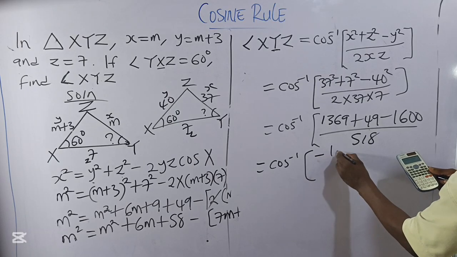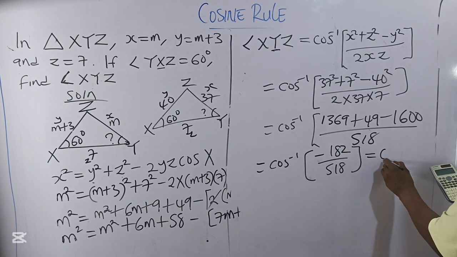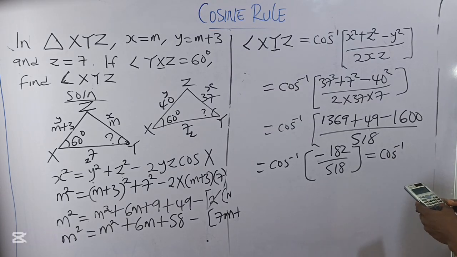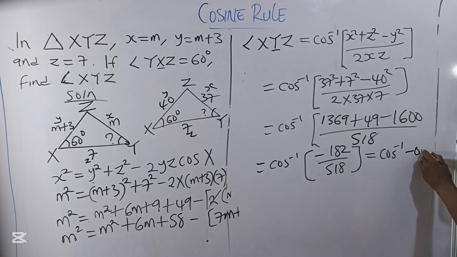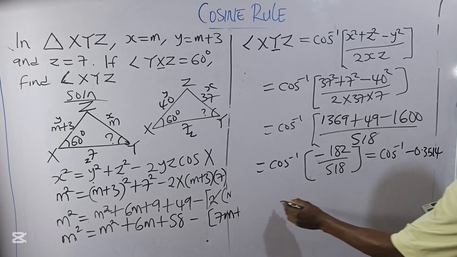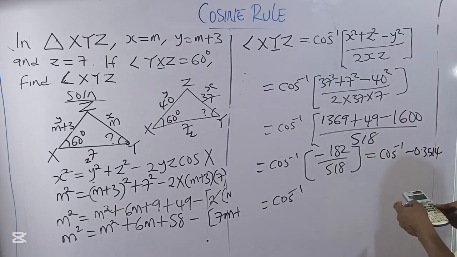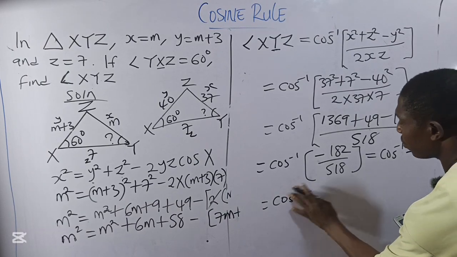This gives me minus 182 all over 518, which gives me minus 0.3514.